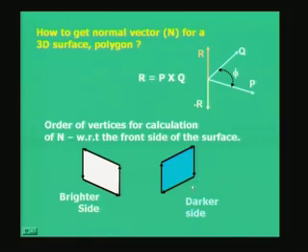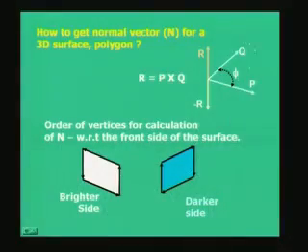So, that is what I say, that in a particular surface there will be a brighter side and a darker side. A brighter side is the one which you will always be able to see, depending upon, of course, whether it is a back face or a front, depending upon the viewer position, but there will be a darker side which will be inside the object always, and it will never be visible, because it will always be enclosed by other parts.